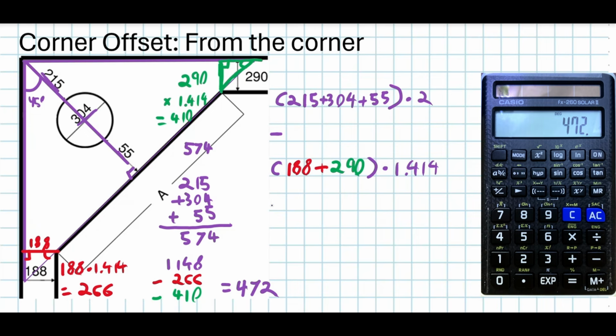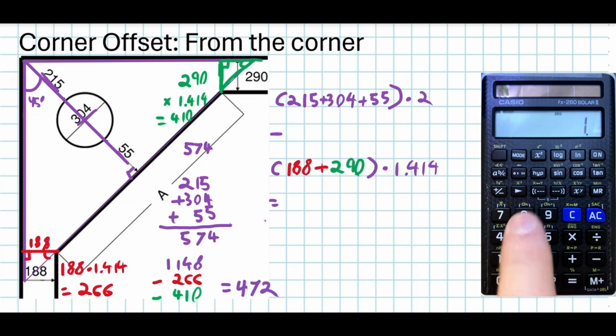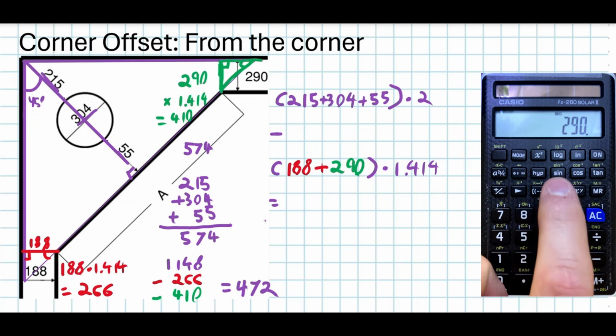1.414 equals. So on my calculator, I open a bracket, I type in 215 plus 304 plus 55. Then I close the bracket. 574 is inside the brackets, times 2, minus, so I have my 1148 in total, open a bracket, 188 plus 290, close the bracket.